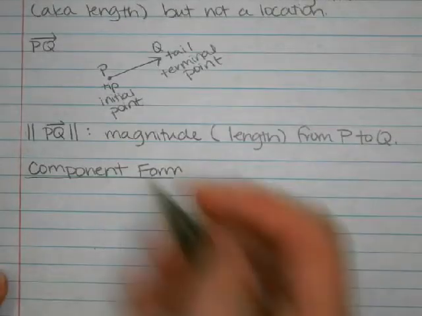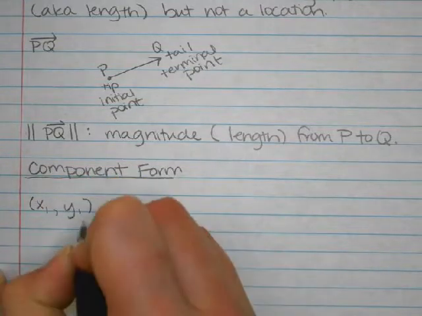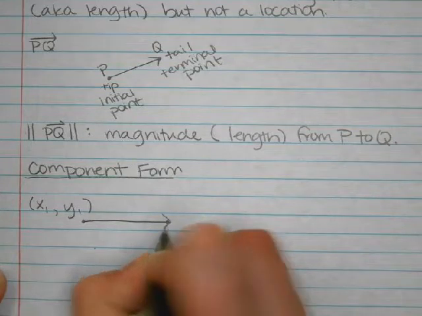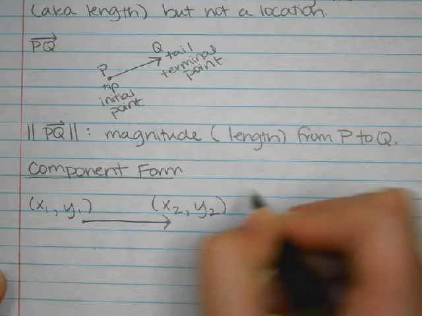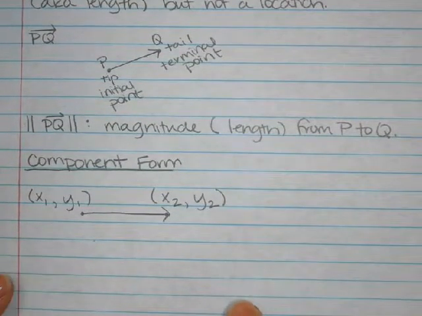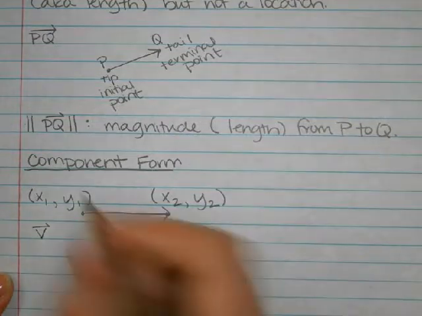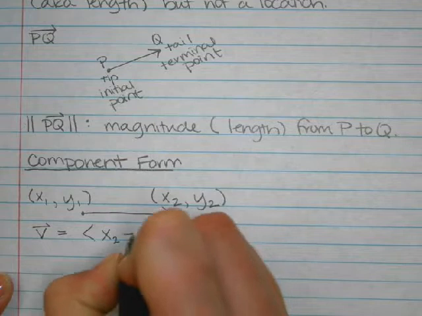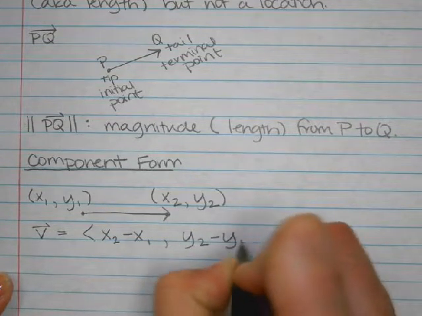we're going to say that our initial point is x1, y1, and we'll go ahead and draw that initial point. And we'll have a terminal point, x2, y2. And then we'll say that the vector v, if we want to call that overall vector v, that's going to be x2 minus x1, y2 minus y1.